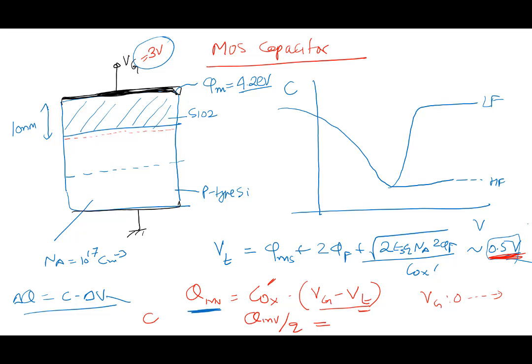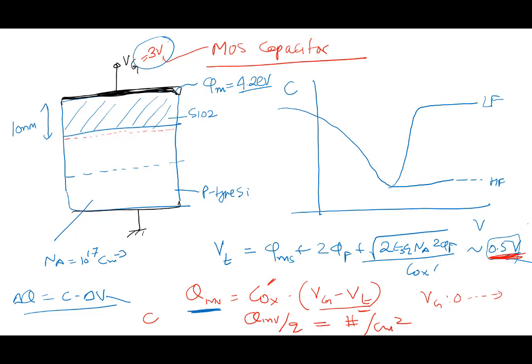So if I divide by q, what will I get? The number of electrons per unit area. How many electrons are there per unit area? I've given you 0.5, I've given you 3 volt, so I can do the calculation.